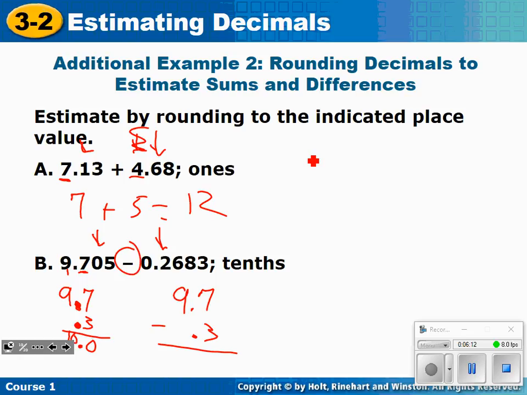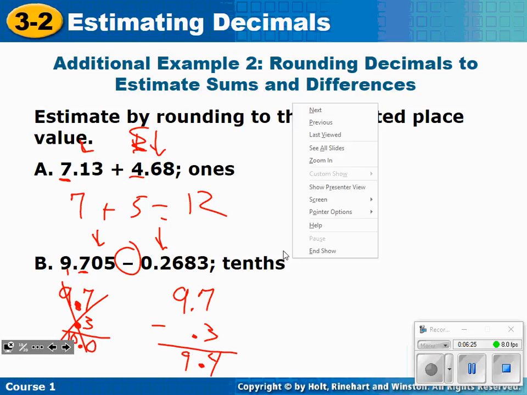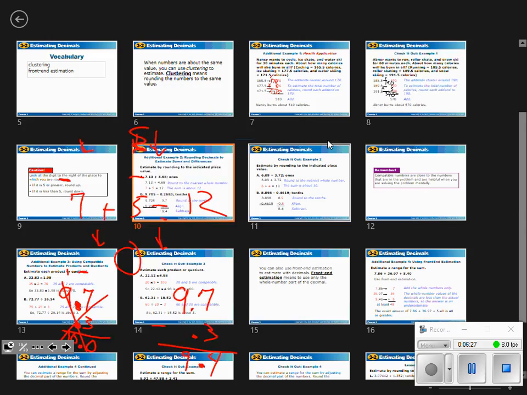There we go. So 7 minus 3 is 4. Put the little dot straight down, 9.4. Yeah, don't do that. That was bad. I have an excuse. It's Monday. Right? Where are we at here?